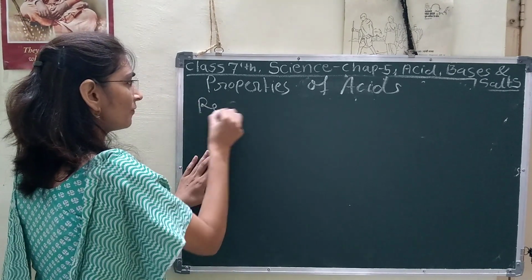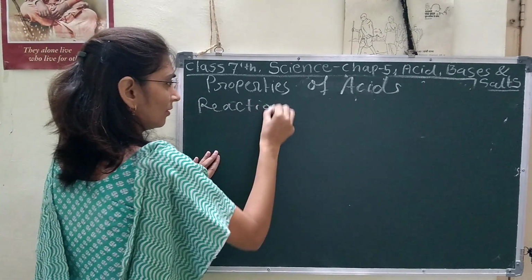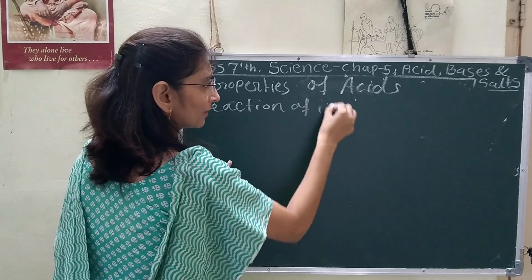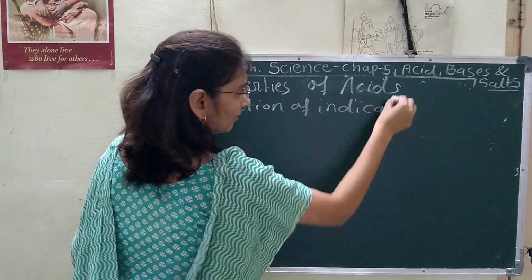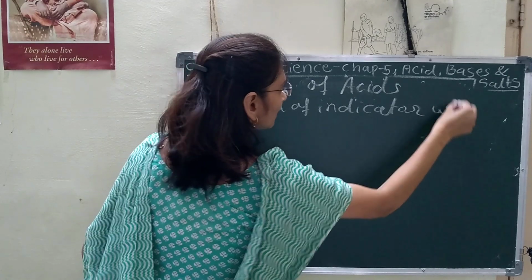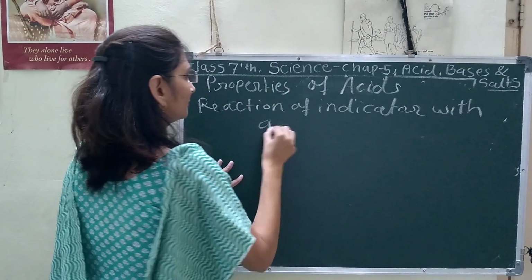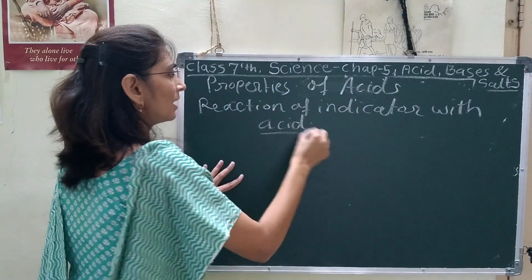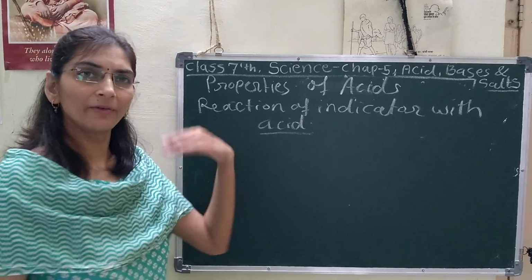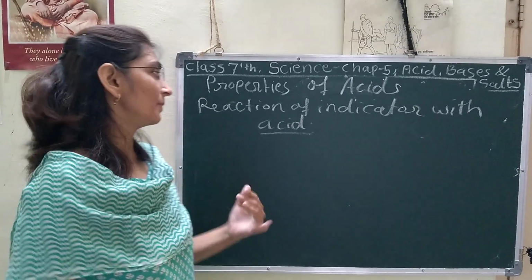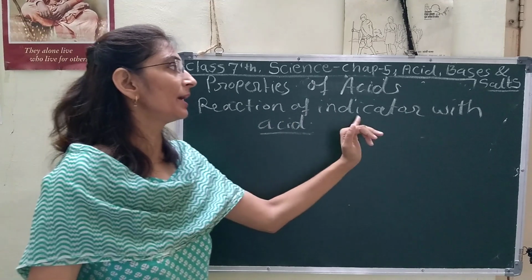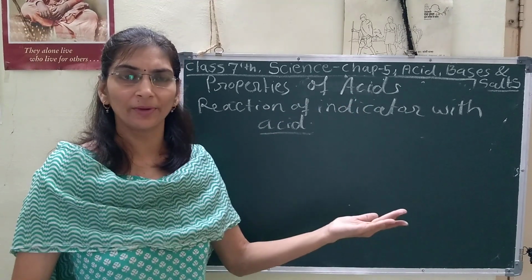So reaction of indicator with acid. In brief I will mention here, then we will see in detail in our next topic. What is the reaction of indicator with acid? There are different types of indicator.